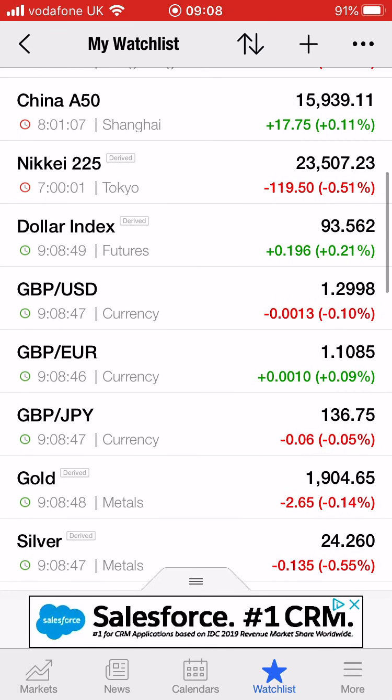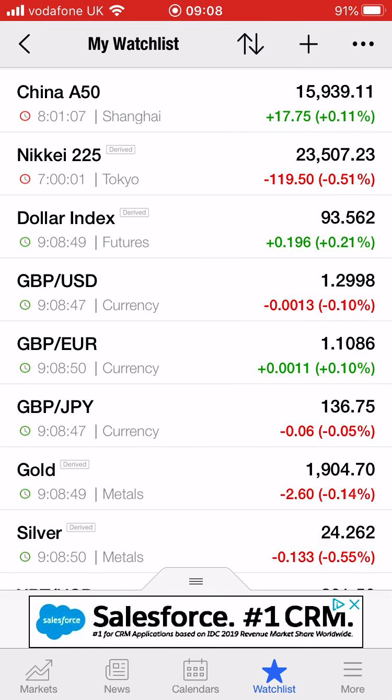The dollar index, which is the dollar's weight against the rest of the world's currencies, basically. So that tends to trade inversely to gold and silver, and will sometimes trade inversely to the stock market, really. If the dollar's going up, then other stock markets will go down.